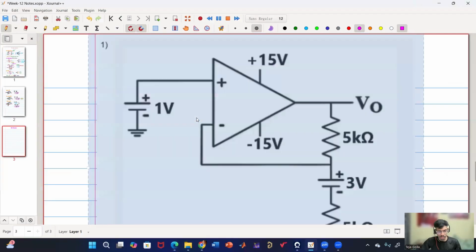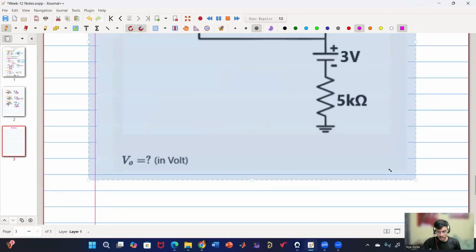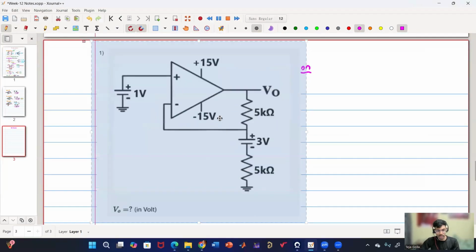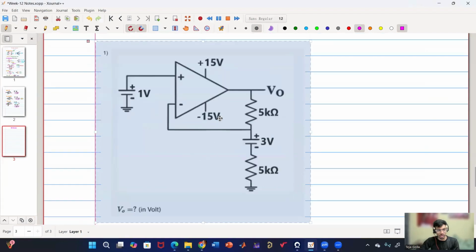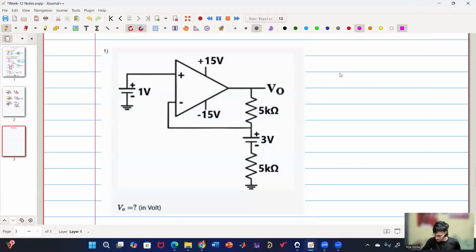Okay, so this is our question one. They have given one circuit and they're asking what is the value of V0. So anyone, how to solve? Any idea? How to proceed? They have given some kind of circuit, and they are asking what is my V0. How can we proceed?